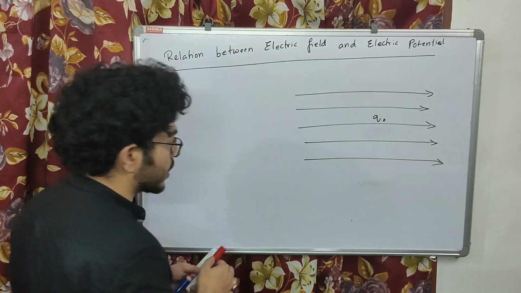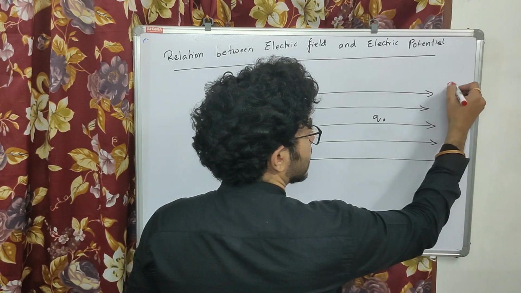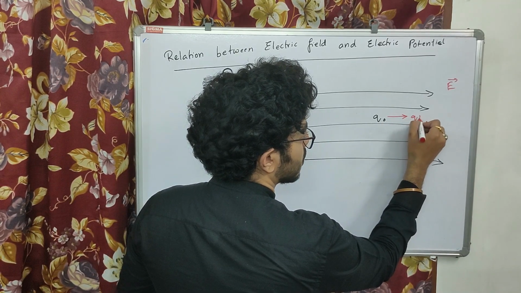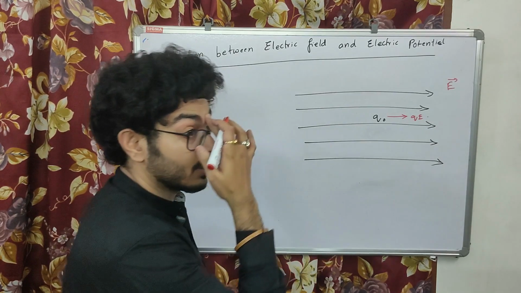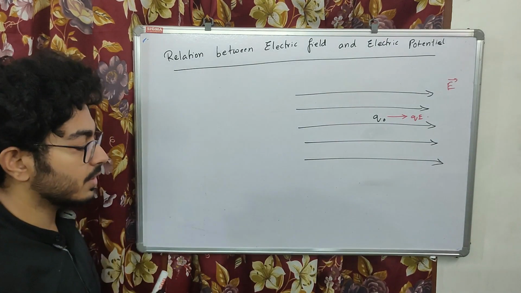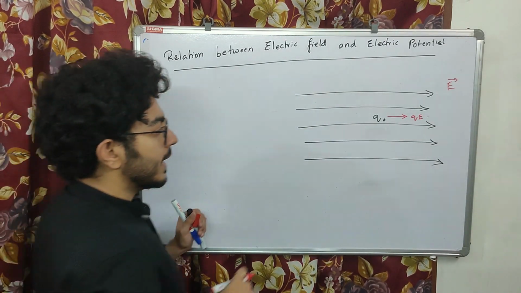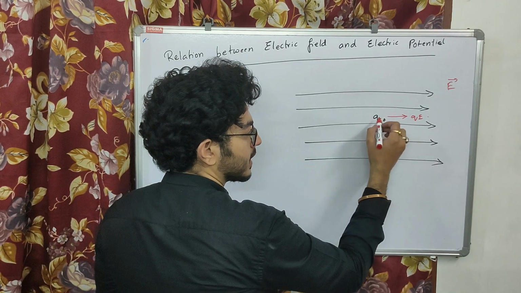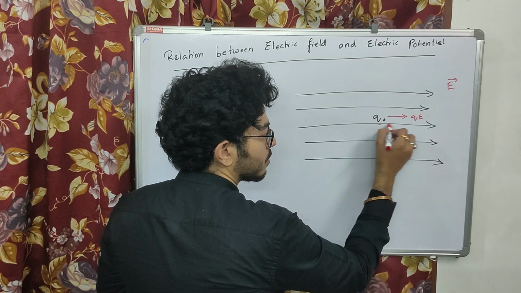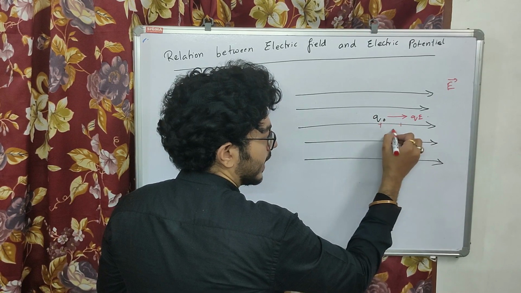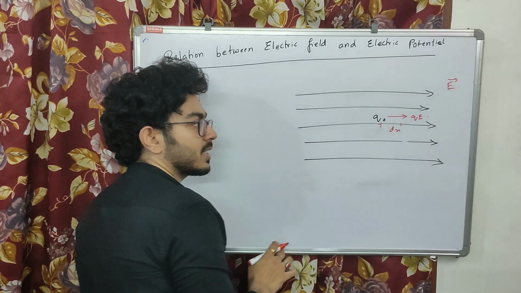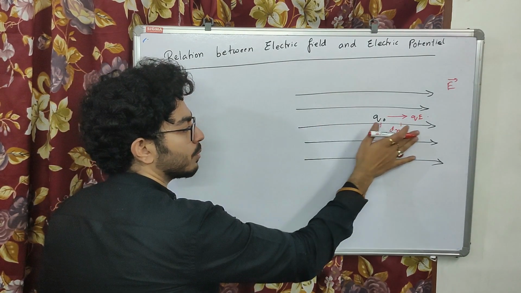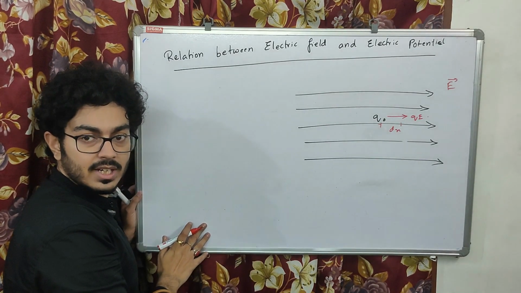So as a result, this is going to experience a force. If the electrostatic force moves this Q0 through a small distance dx, then what will be the condition?